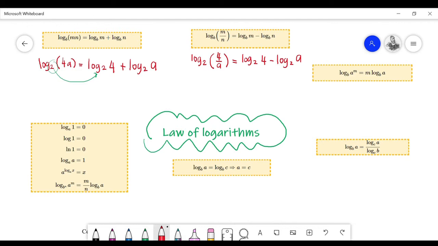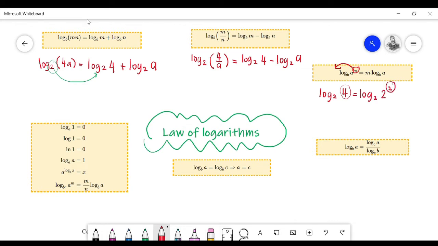Look at another example. When you have a power on the argument, then the power can be put in front of the logarithm. So for example, you have log base 2 of 4. We can convert the number 4 to be the exponent, so it can be log base 2 of 2 to the power of 2.